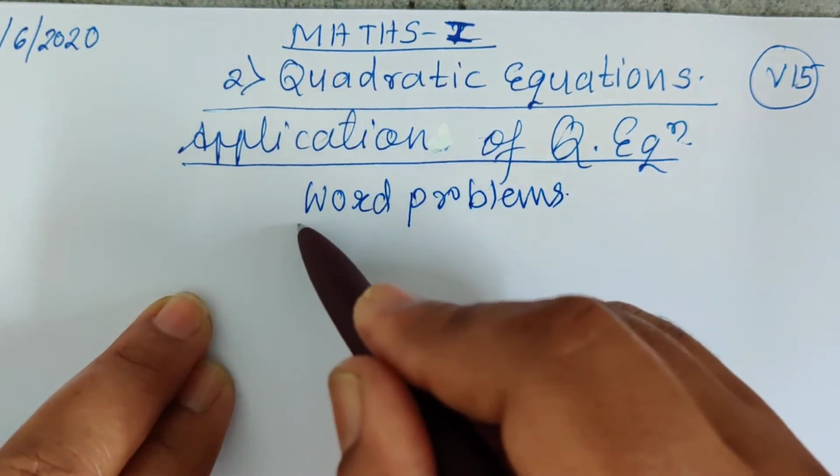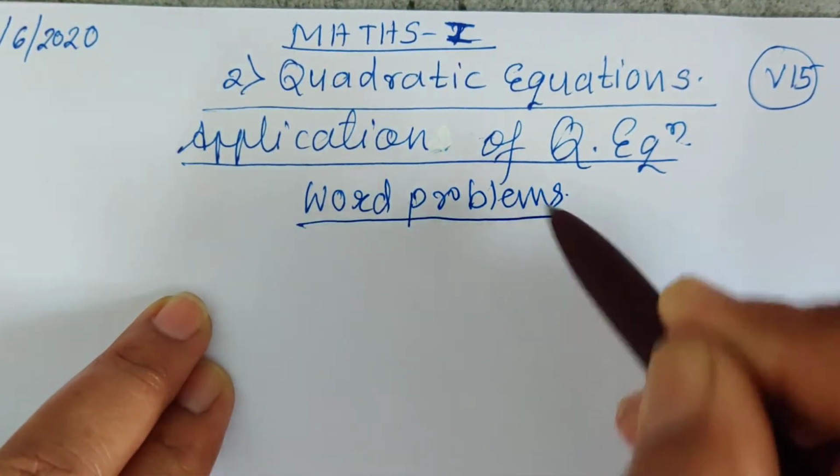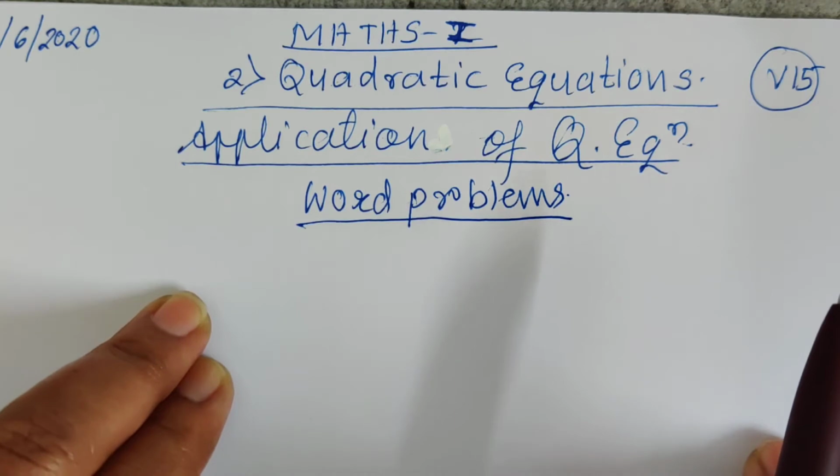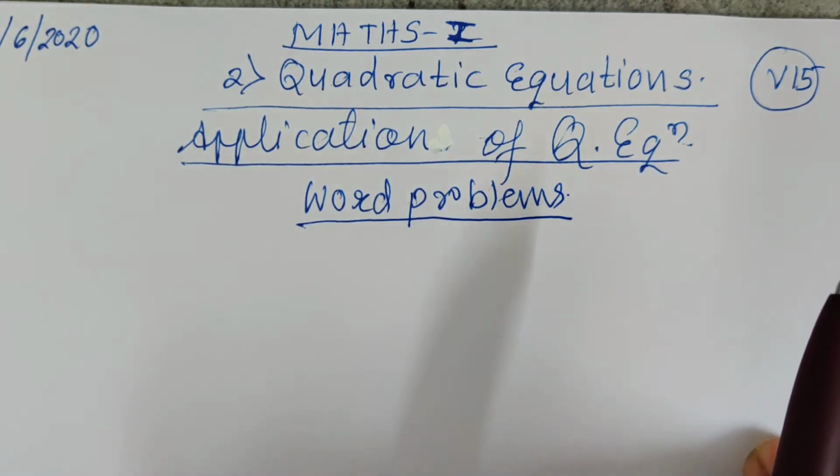Then once you have read the example and understood the meaning of the example and what to do and how to do, you will make the quadratic equation from the given information. So the second step is to convert the word problem into a quadratic equation. So the first is read the problem.